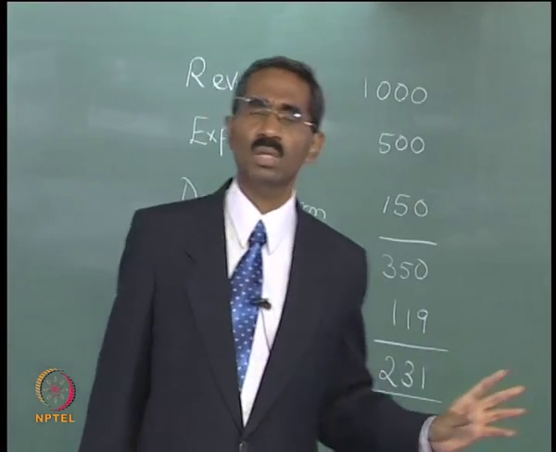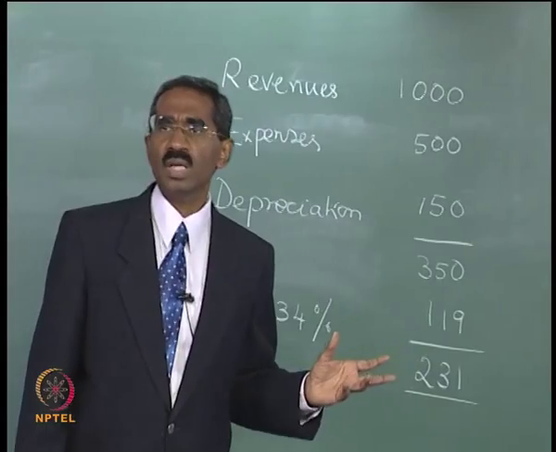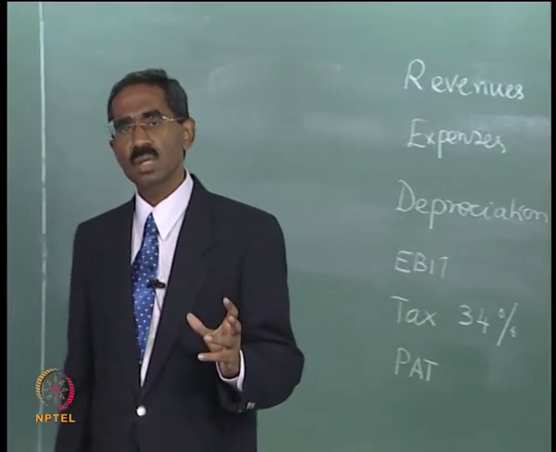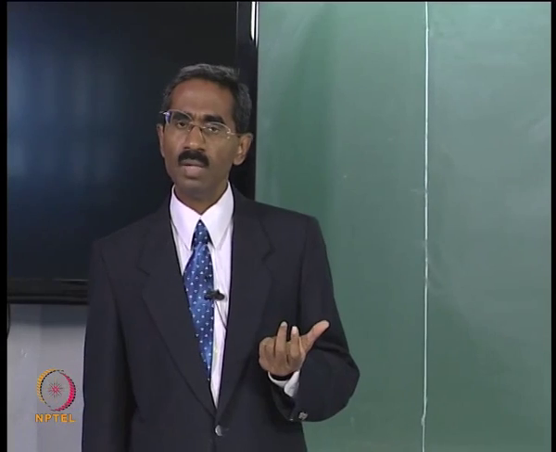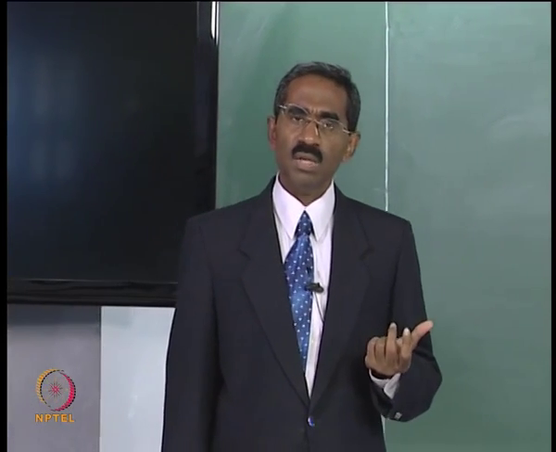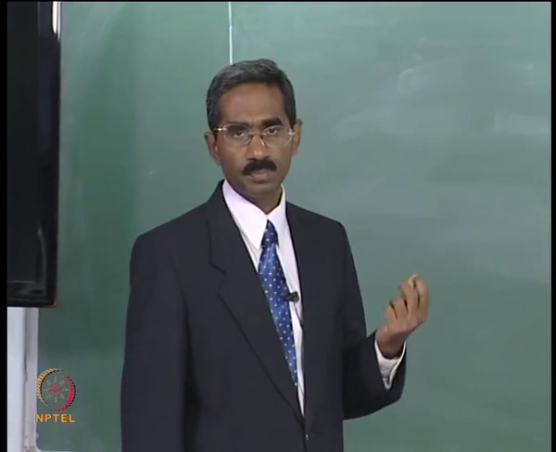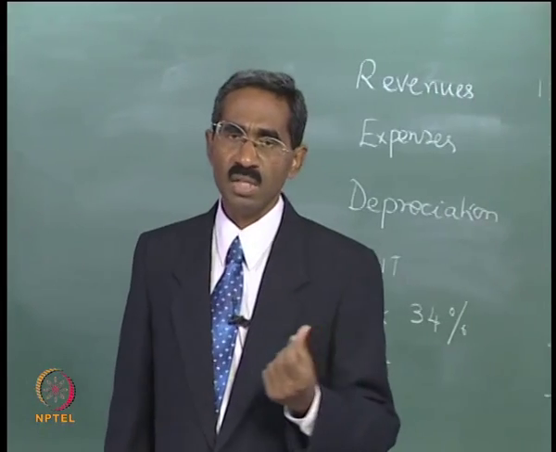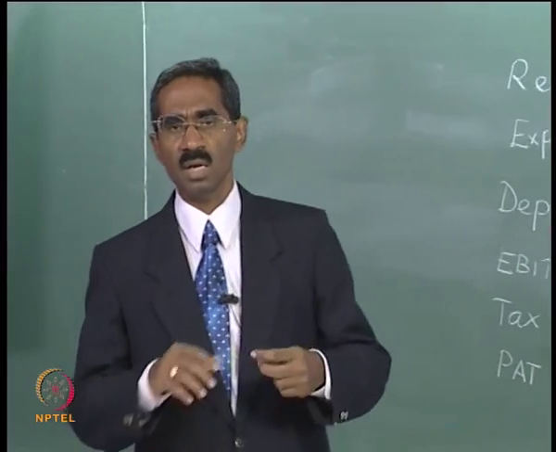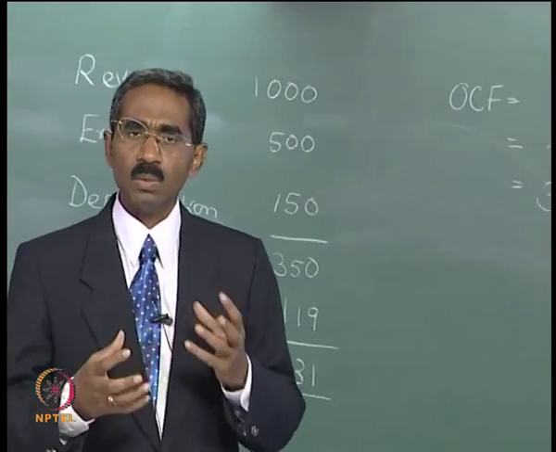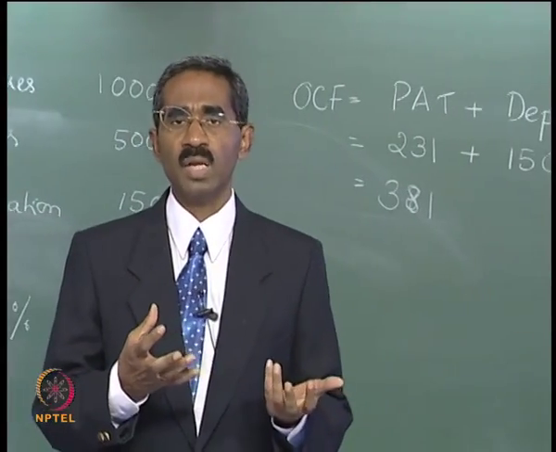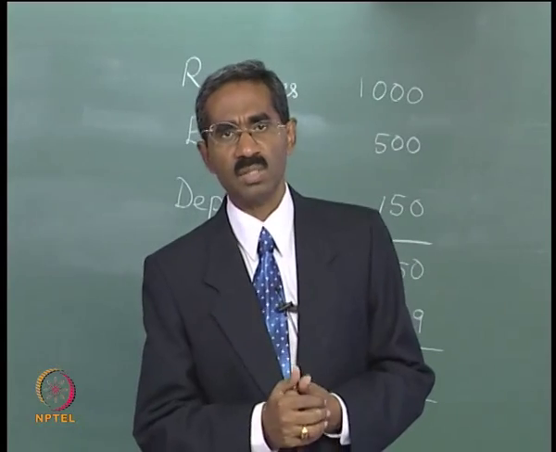Now by the same token, any decrease in net working capital is treated as a cash inflow. Let us say for example there is an increase in accounts payable. If there is an increase in accounts payable, that means the current liabilities are increasing, then the net working capital will reduce. Net working capital is nothing but current assets minus current liabilities.